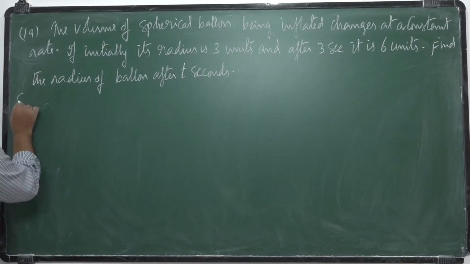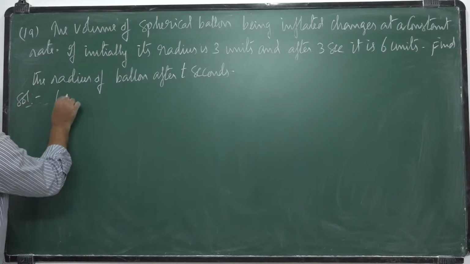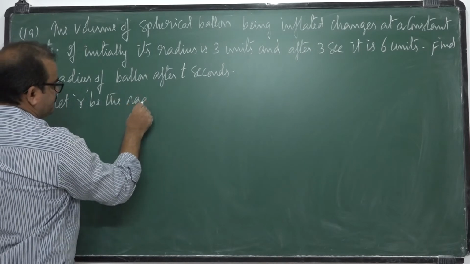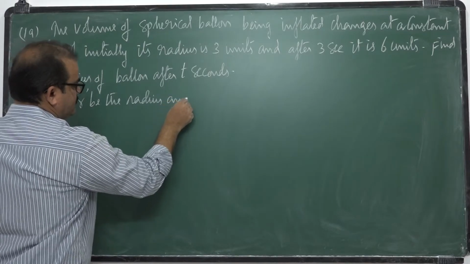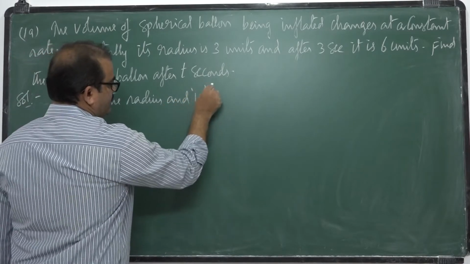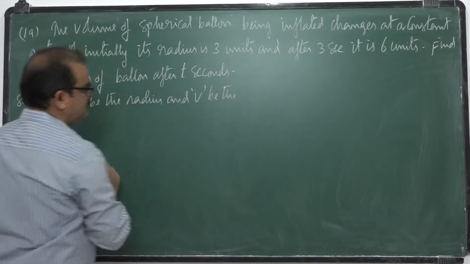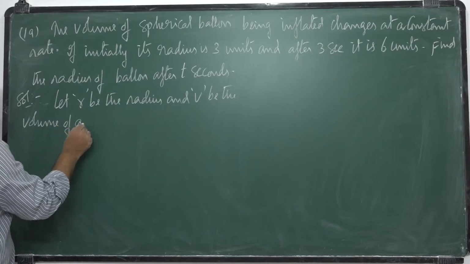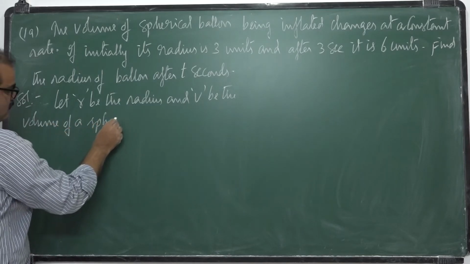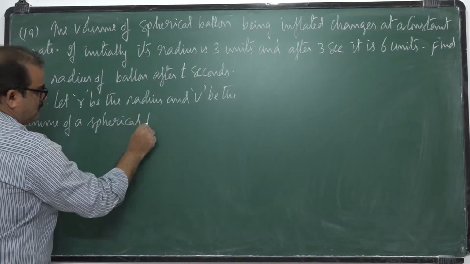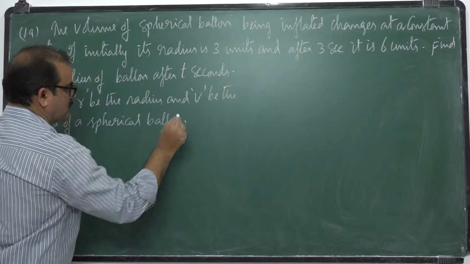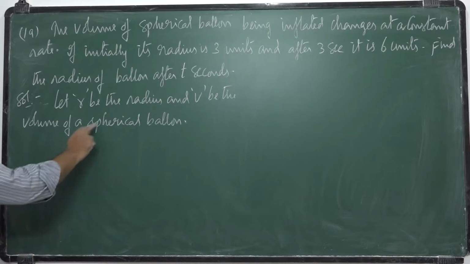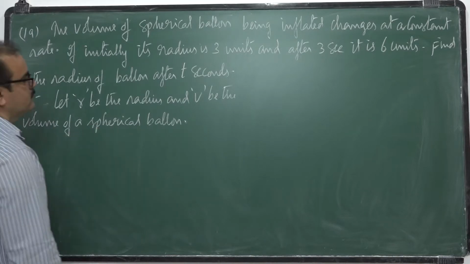Okay, write the solution. Let r be the radius and V be the volume of a spherical balloon at the time t.